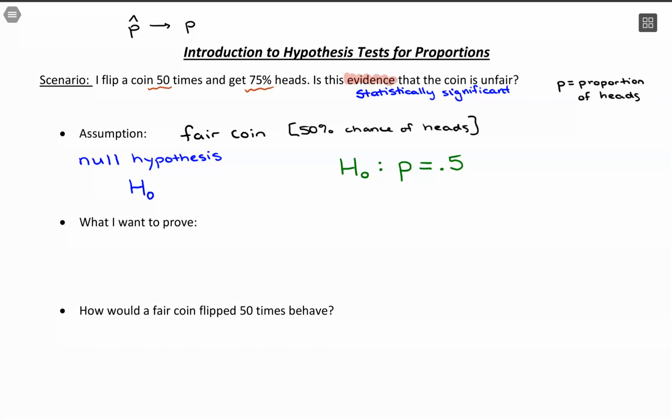Then we have this other hypothesis of what we want to prove. What I want to find evidence for is that it is unfair, that I'm seeing more than 50% heads. So I want to prove that I have an unfair coin, which means a significantly more than 50% chance of heads.